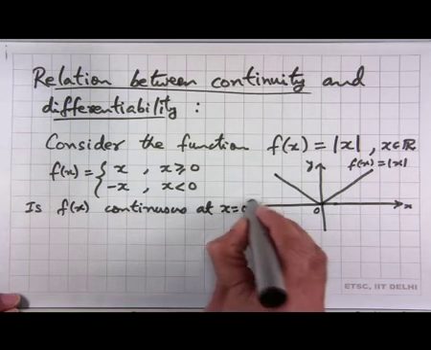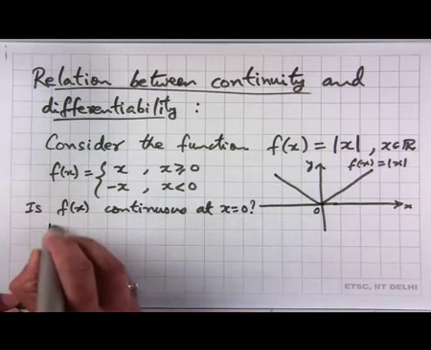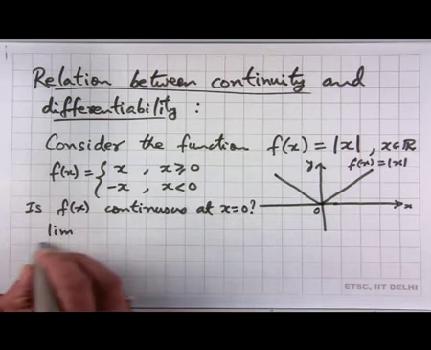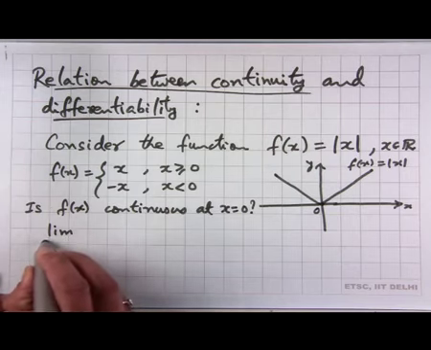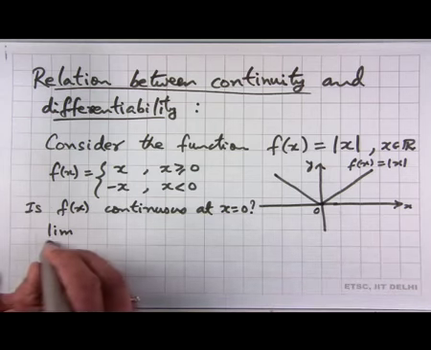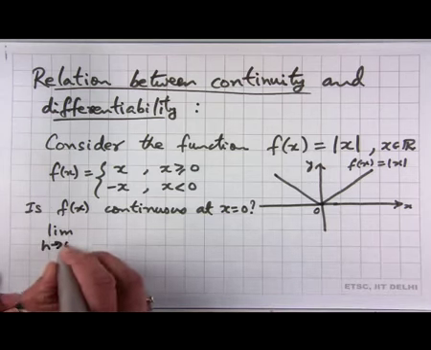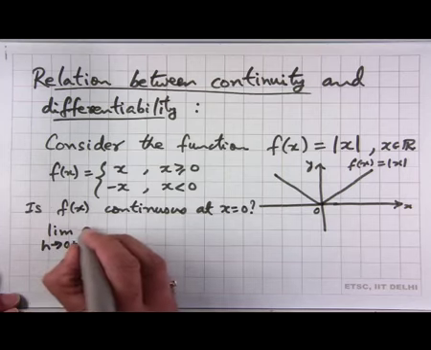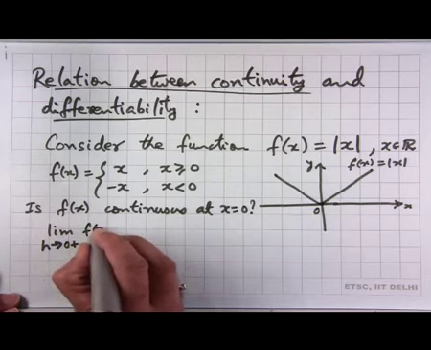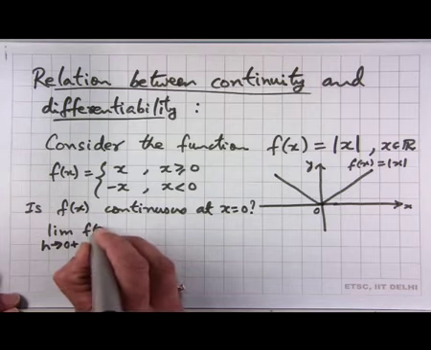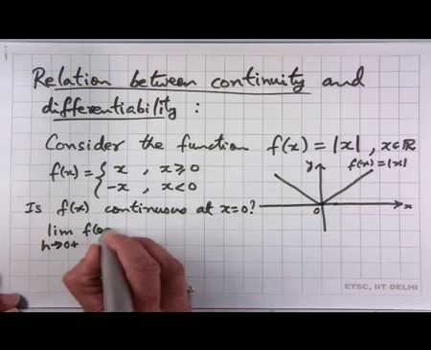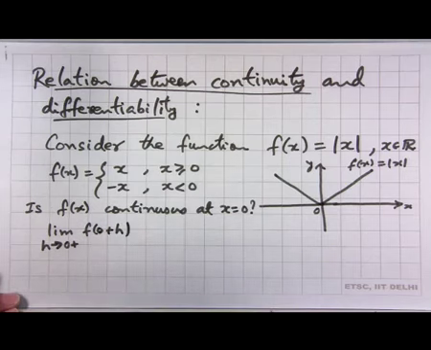To calculate the limit of f of x, it is useful to calculate the left hand and right hand limit. So, if we calculate the right hand limit of f of 0 plus h as h goes to 0.